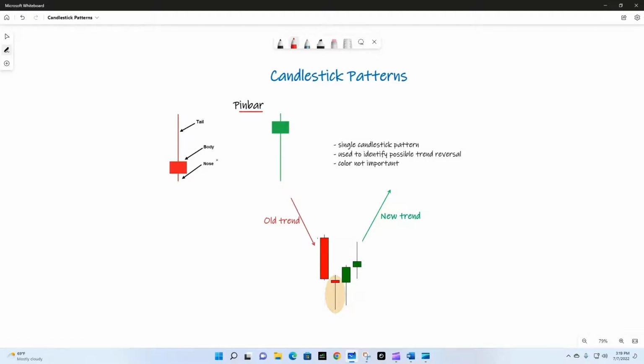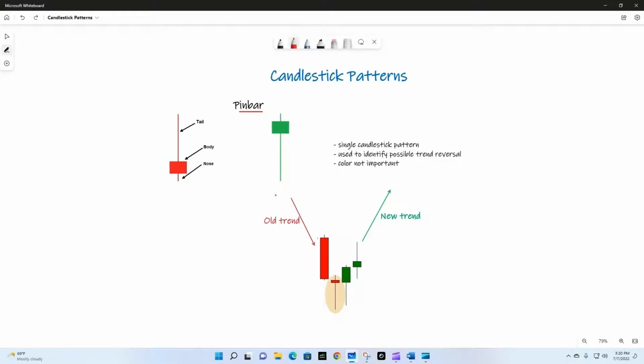Remember, we looked at the shapes and sizes of different candlesticks. The pin bar has a very small body in relation to its wicks. This is the body, and the wicks are very long, either on the lower side or on the upper side. So remember, this is the head or the body of the pin bar, and this is the tail of the pin bar.